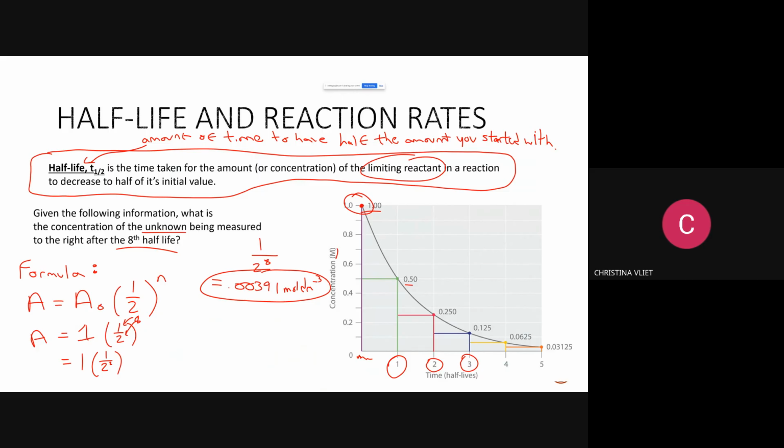Yes. Is the half-life of a substance specific to each reaction, or is it always the same? The half-life specifically depends on the order of reaction. How long or short your half-life is, whether it increases or decreases, depends on your order of reaction. Yes. Does half-life change with temperature?